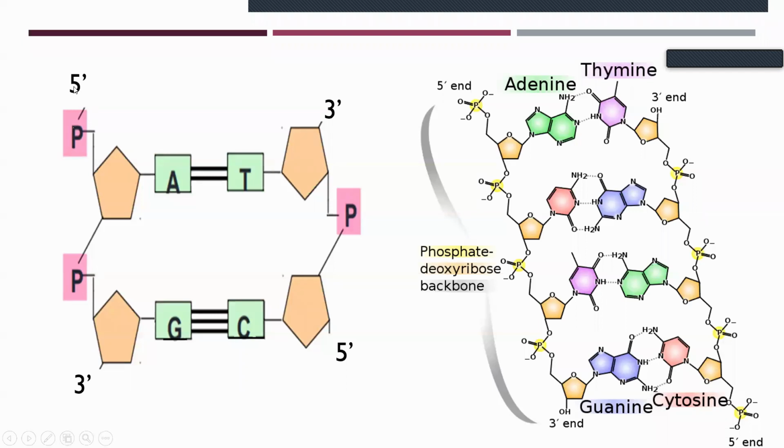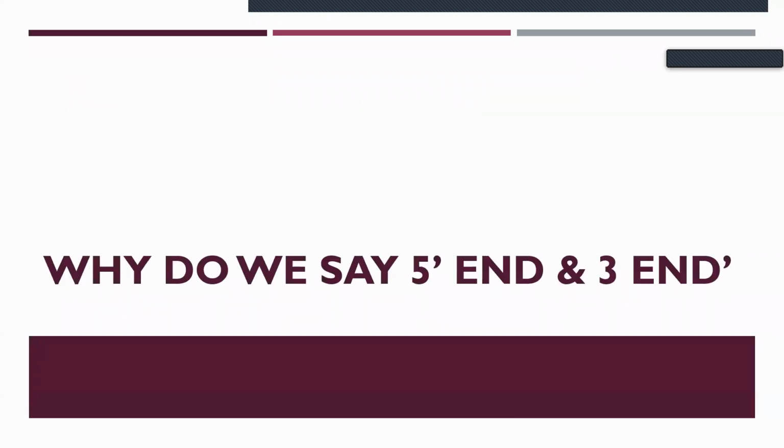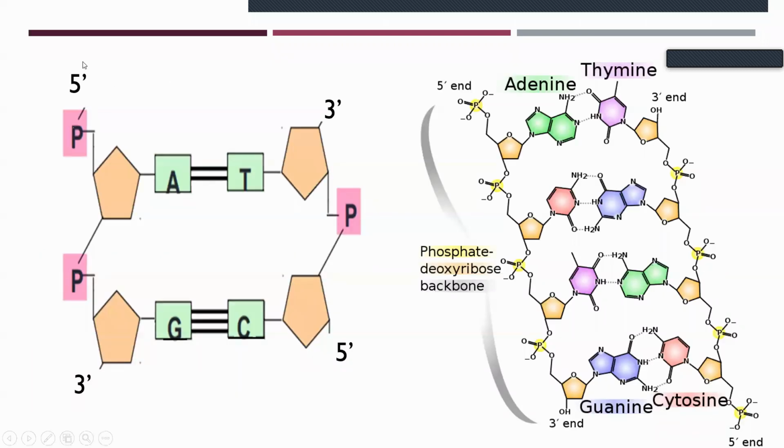This will be called the 5 to 3 direction, and this will be called the 3 to 5 direction. We will talk about it in detail, but right now just try to understand. So it is the 5 end and the 3 end.